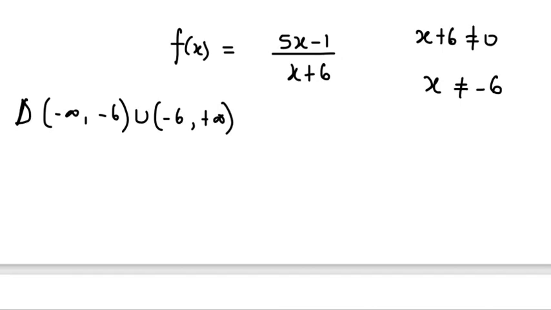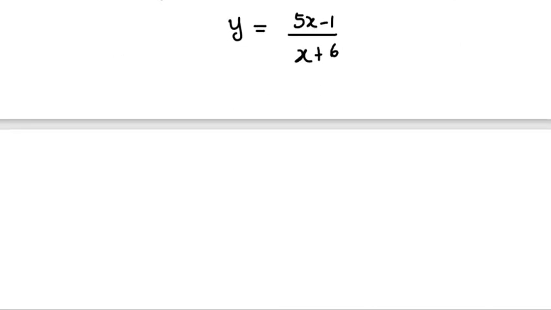So we're going to find the range by first finding the inverse of this function. We let y equal 5x minus 1 divided by x plus 6. Now we're going to cross multiply and solve for x in terms of y. So we get y times the bracket x plus 6 equal to 5x minus 1.